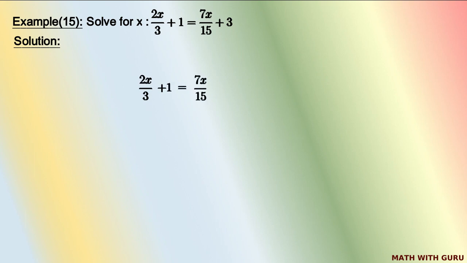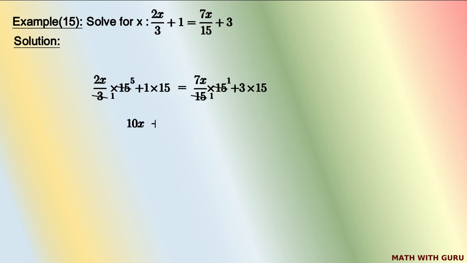Multiply the entire equation by 15. 3 ones are 3, 3 fives are 15. What remains? 2x into 5 is 10x plus 15 equals 7x plus 45.